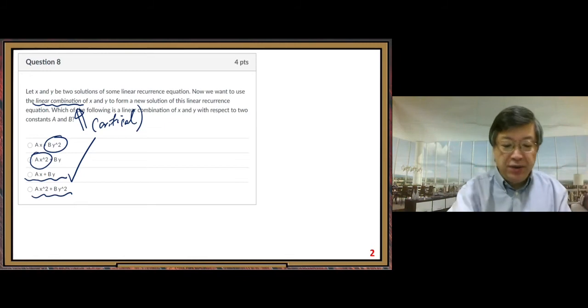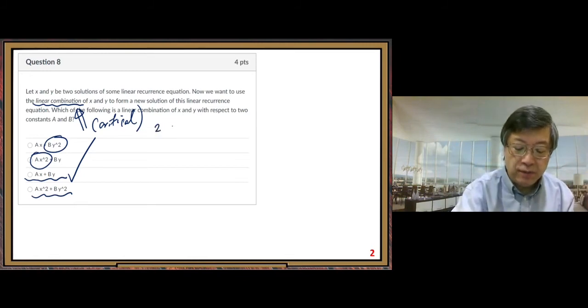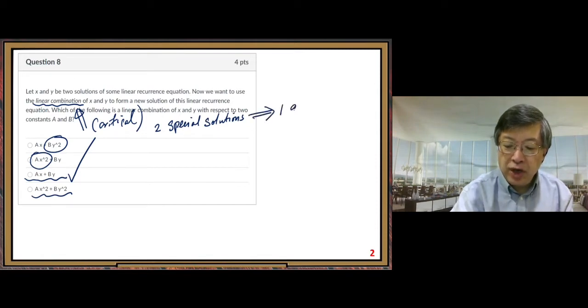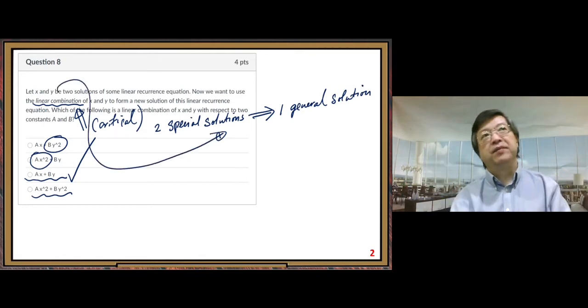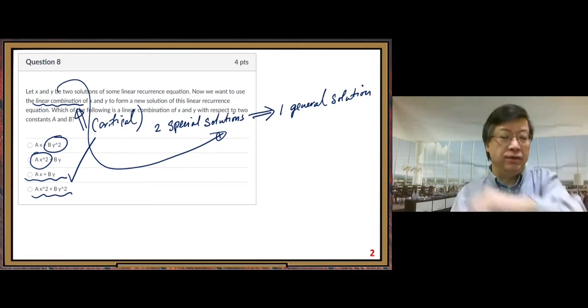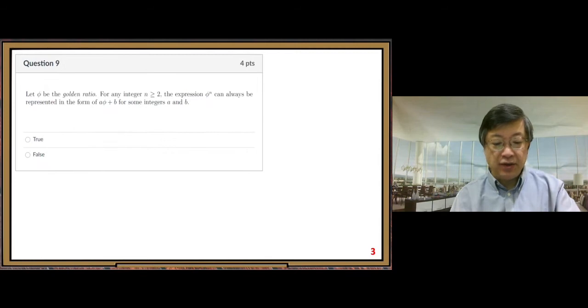We want to combine two special solutions to get one general solution. How do we combine? Linear combination is the way to combine. So you can see its role is very critical. All right, so the next question.